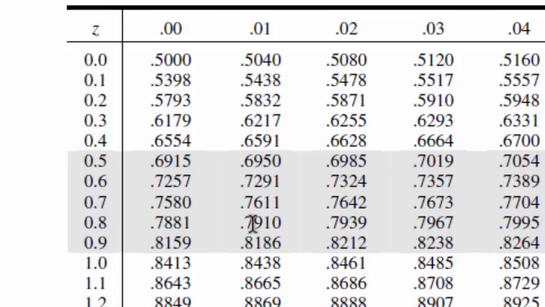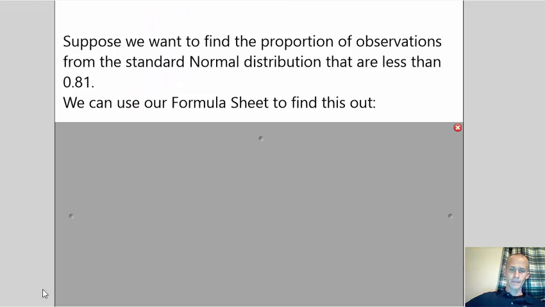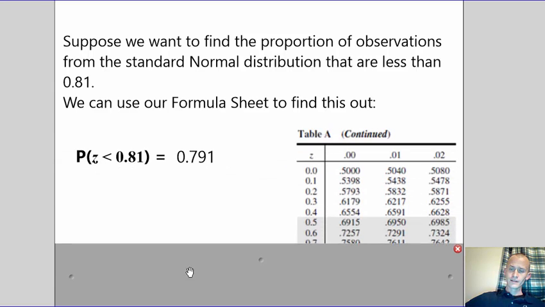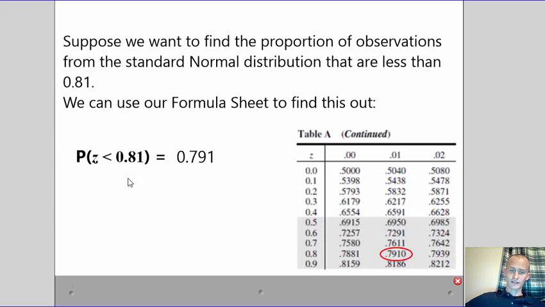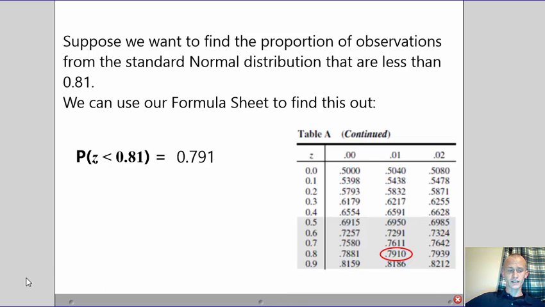So we get 0.7910. And that's what it looks like. The probability of getting a z-score less than that is 0.791. As with normal density curves, we always phrase our answer with the qualifier about or approximately.